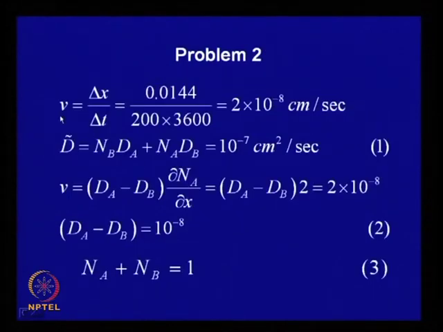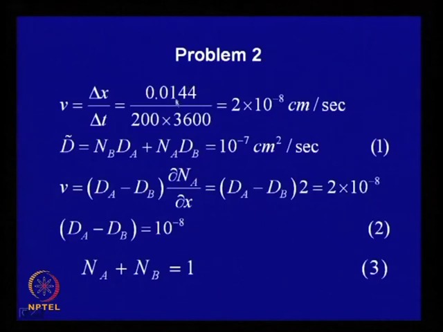Look at this, what is given. Let us try and calculate the velocity with which that marker moves with respect to the Matano interface. In fact, the markers are stationary, it is actually the Matano interface which is moving. So, you calculate this velocity, delta x over delta t.